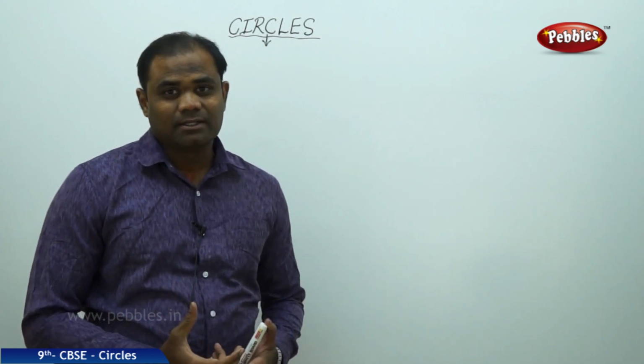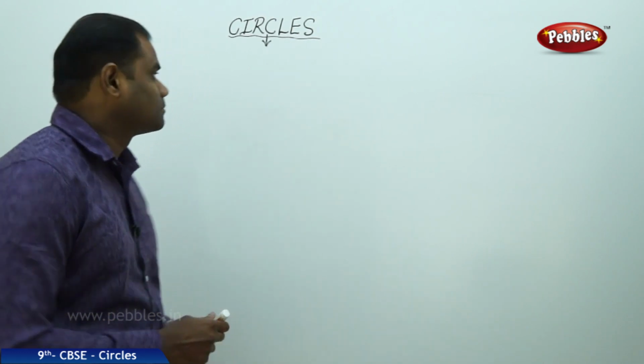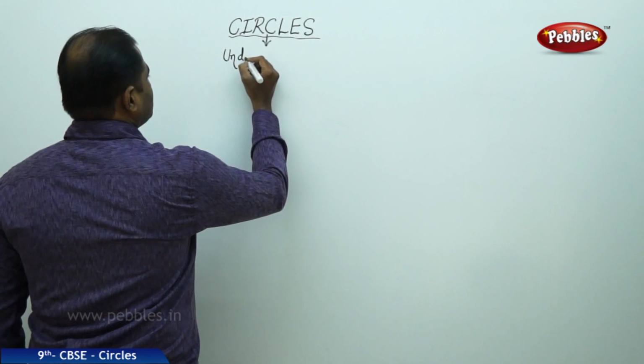Now that we have discussed the center and the radius, now comes the question of how we can connect the center and radius, or how we can define the radius in different ways. So here the session is about understanding the radius.